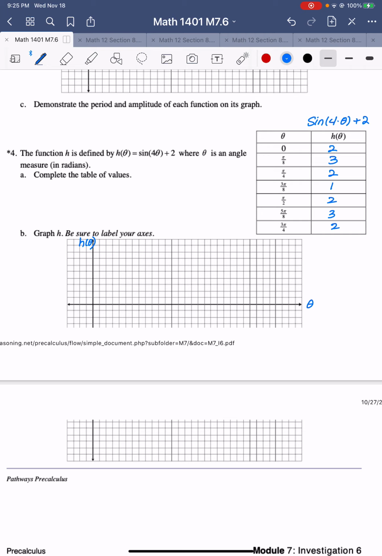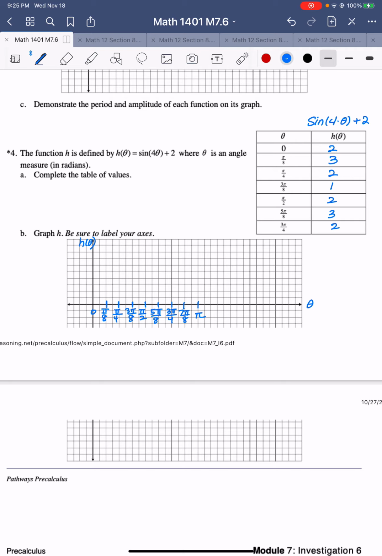Starting from 0, I label every 2 as pi over 8, pi over 4, 3 pi over 8, 4 pi over 8, which is pi over 2, 5 pi over 8, 6 pi over 8, which is 3 pi over 4, then 7 pi over 8, and up to pi.